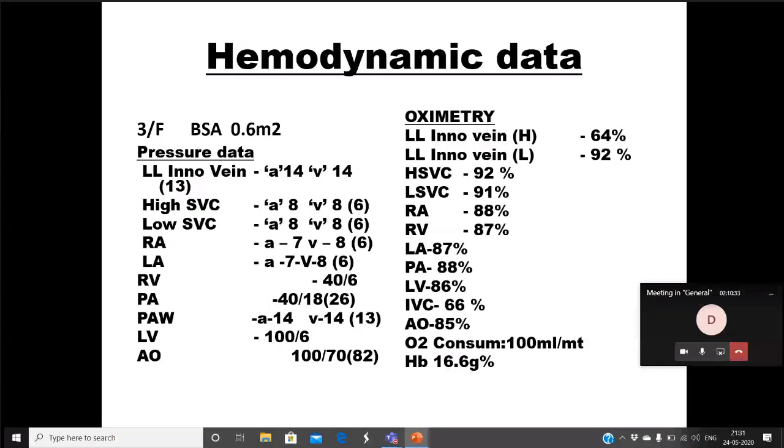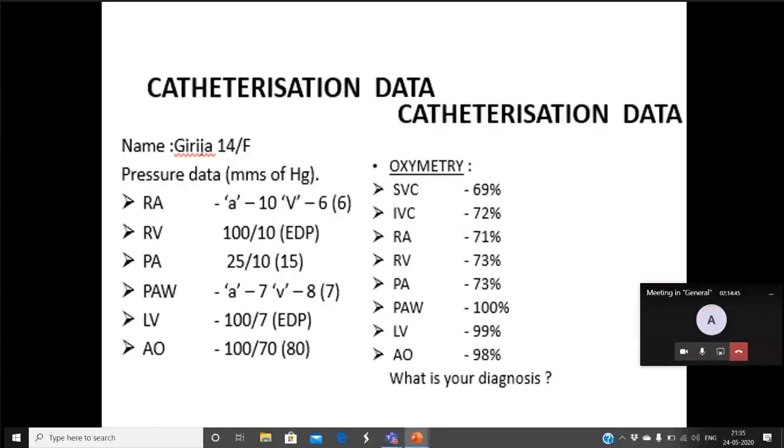So you have to think of the possibility of TOF. Is there anything unusual for TOF in this pressure data? Not saturation, the pressure data.